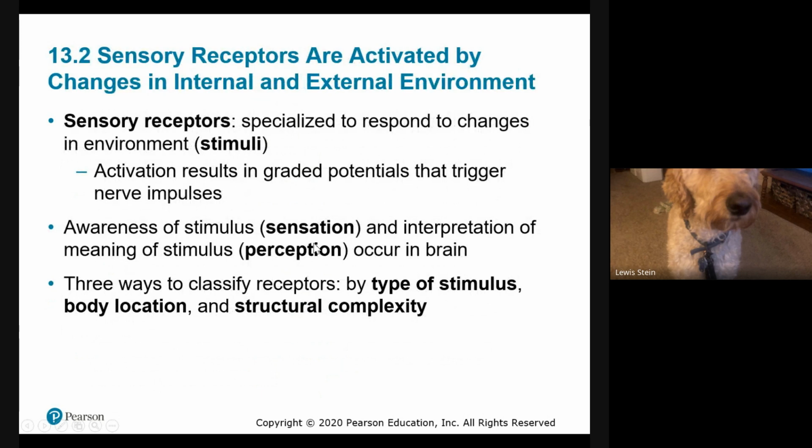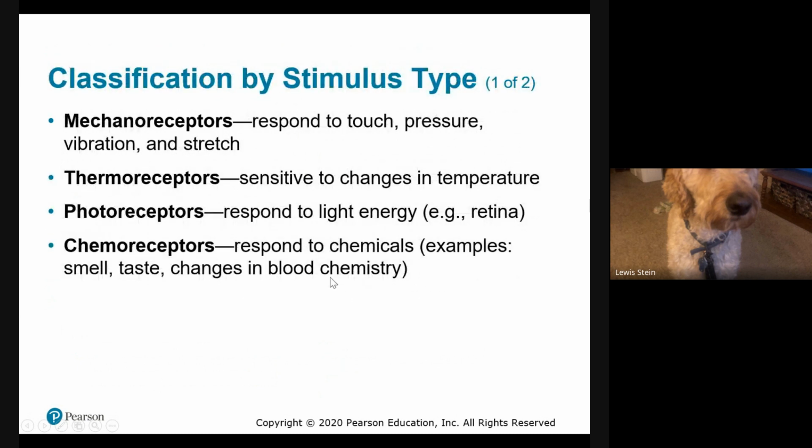And there are different kinds of stimuli, and we classify them. Very simply, in your ears, mechanical receptors respond to pressure, air moving against the eardrum, and vibration. We have stretch receptors in a lot of areas. We certainly have them in the kidney. We have stretch receptors, as you'll learn, in the aortic and carotid arteries.